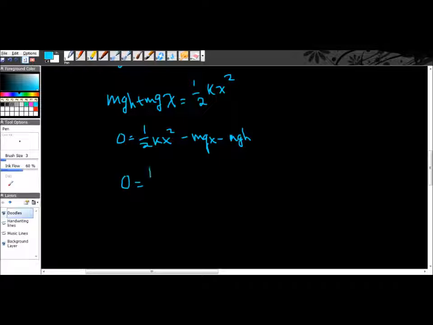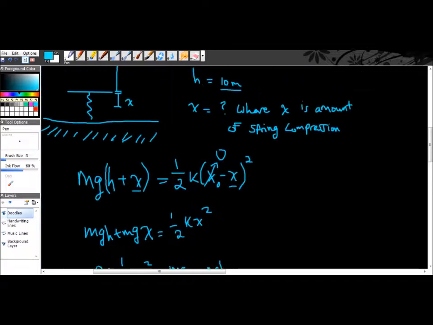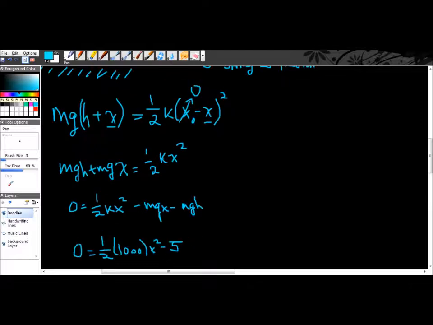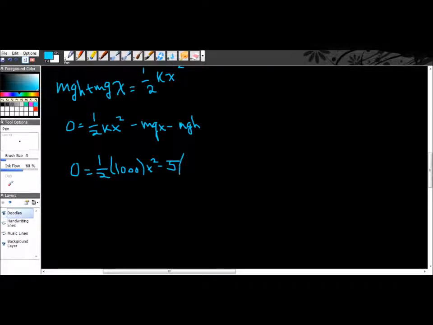So 0 equals 1/2 times 1000 x squared minus 5 kilograms, which is the mass, times 9.8 gravity times x, minus 5 times 9.8 times the height, which is 10.